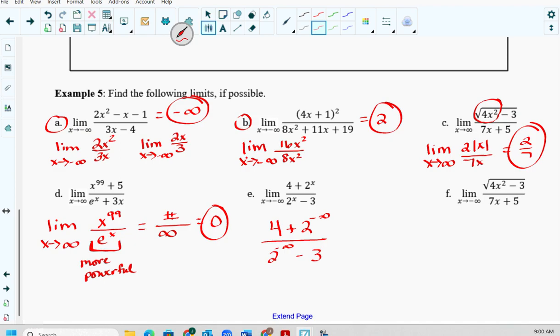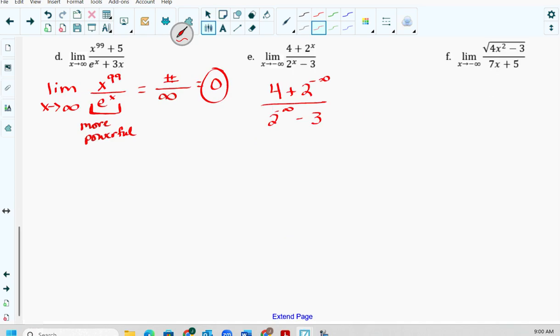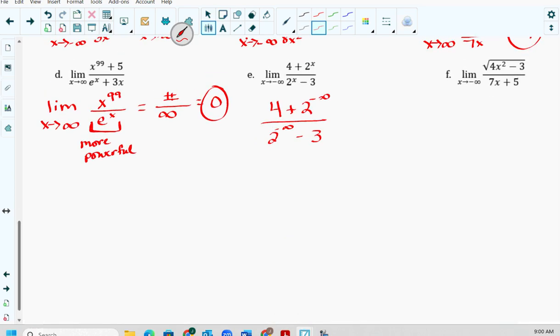It looks crazy, I know. When I have any number raised to negative infinity, let's think about that. Negative makes it a fraction, and then the denominator's growing really big. So this is like 1 over 2 to the infinity. What is that actually?